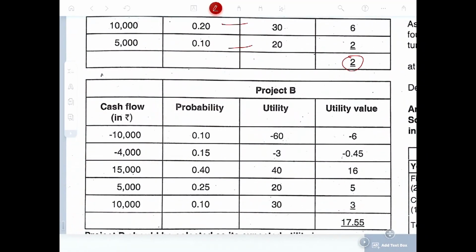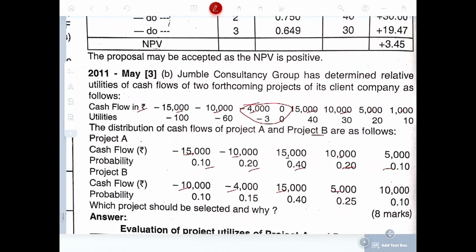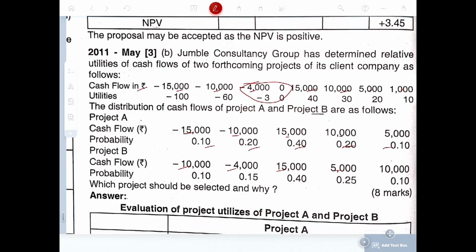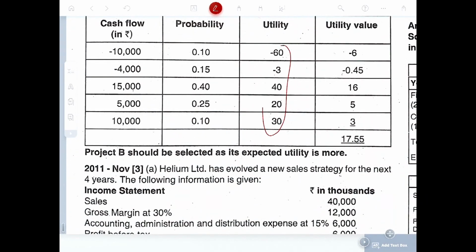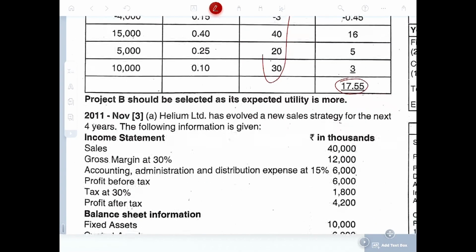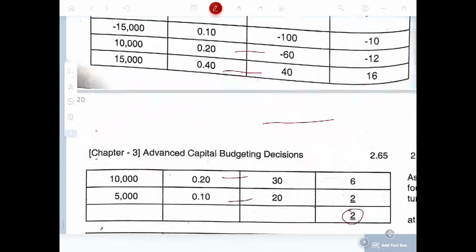Then 60 minus 3, 40, 20, 30. Taking the utility, we get 17.6. The project should be selected as its expected utility is more.